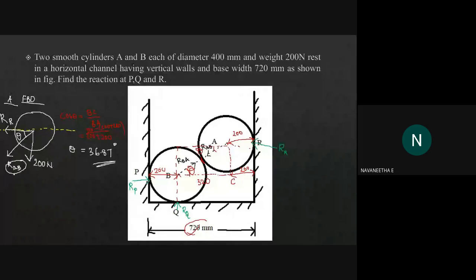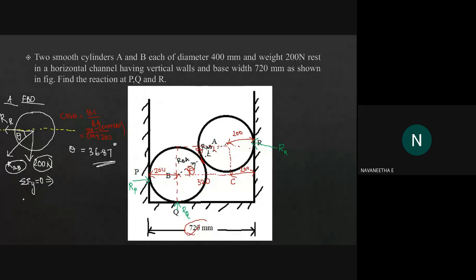Now you have to find the value of RAB. How can we get it? The known value is 200 Newton, acting in the vertical direction, the y-axis. So under sigma Fy equals 0, because the known value is in the y direction, we can consider only sigma Fy. We need to find only RAB.